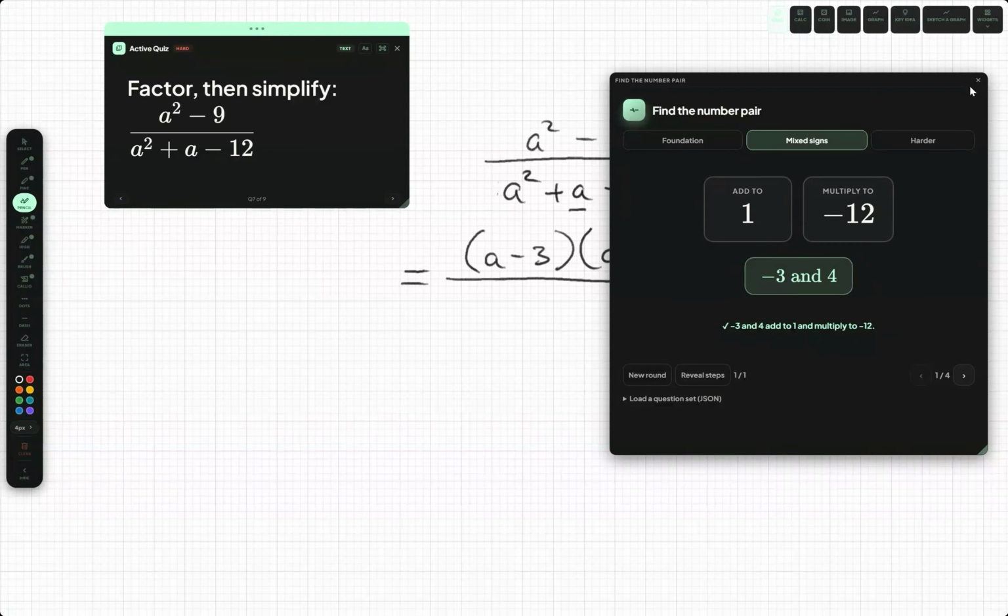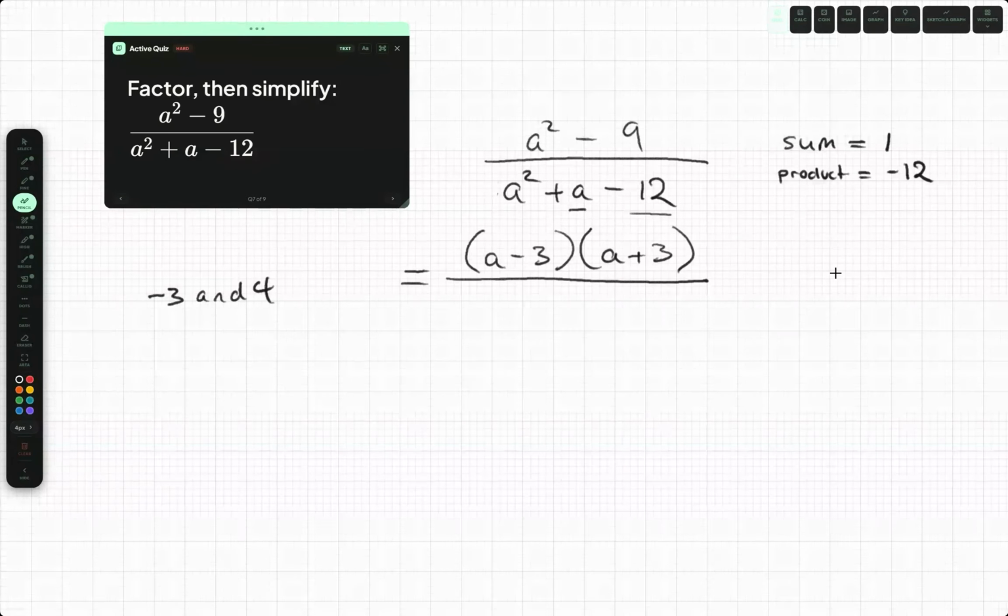So let's write them down here: negative 3 and 4. Why is that important? It means we're able to rewrite this quadratic as a minus 3 times a plus 4.